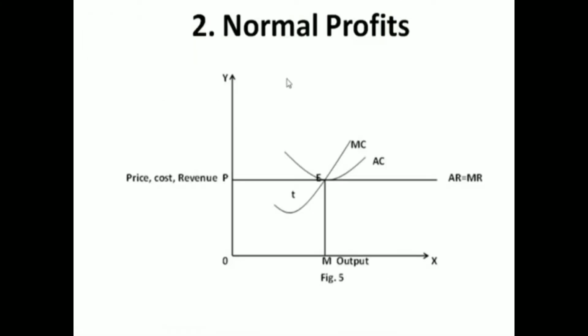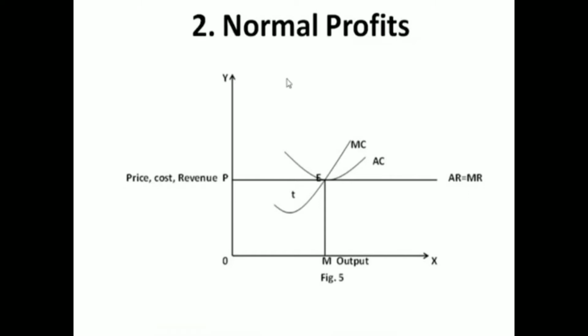Another case of equilibrium is that a firm earns normal profits. Normal profits are obtained when AR is equal to AC. When comparing the average revenue and average cost, AR should be equal to AC, and at that point there is normal profit. Why do we say normal profit even when AR is equal to AC?